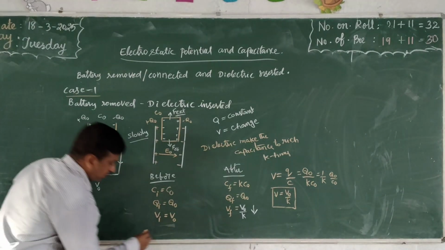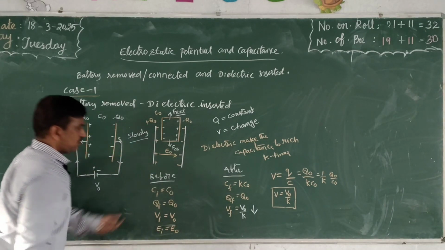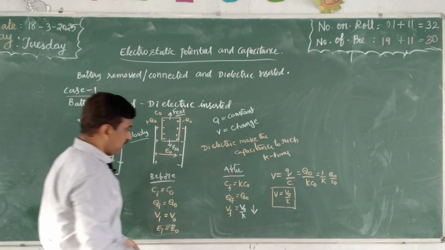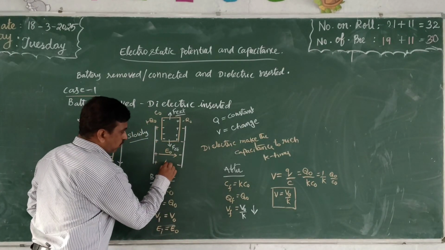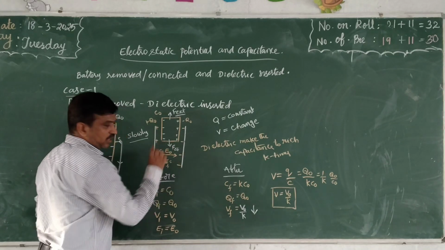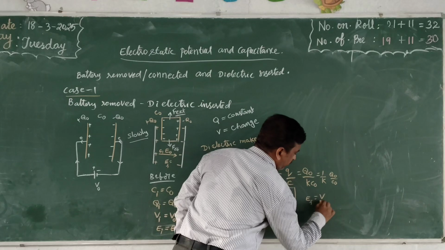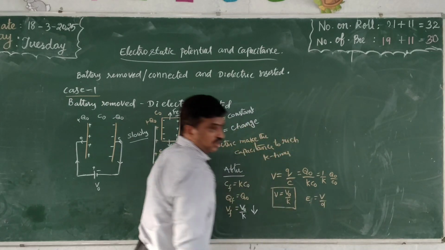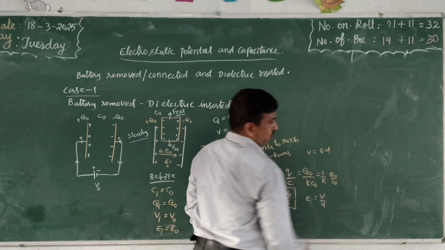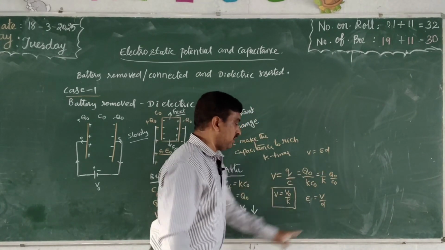What about the electric field? The initial electric field is E naught. After inserting the dielectric, what is the electric field? Electric field equals V by D, because V equals ED, taking magnitudes. What is V?